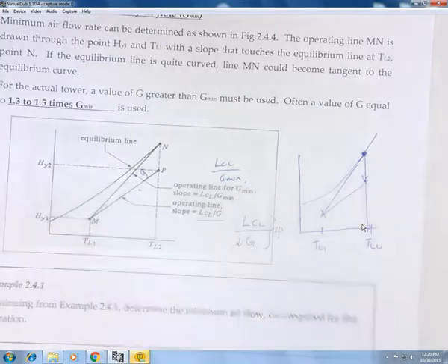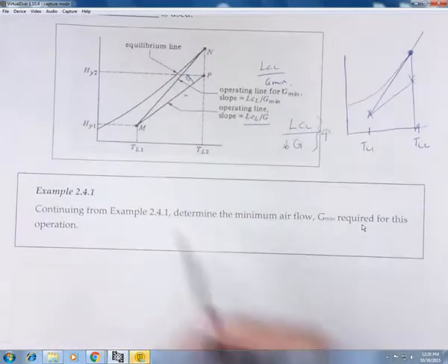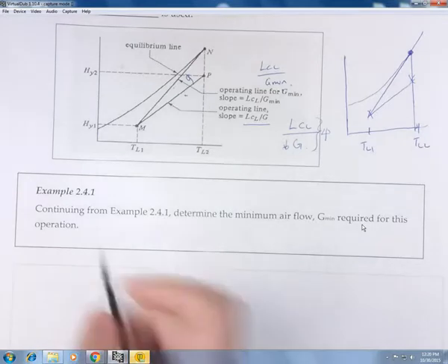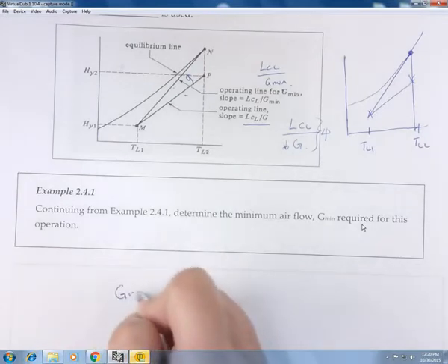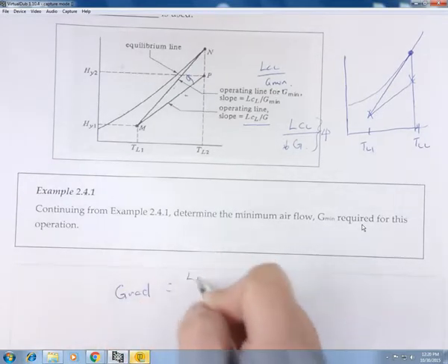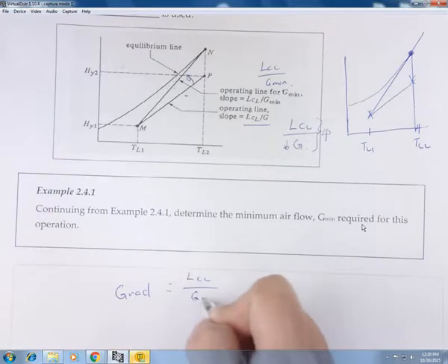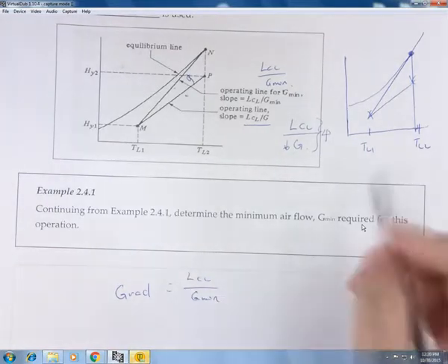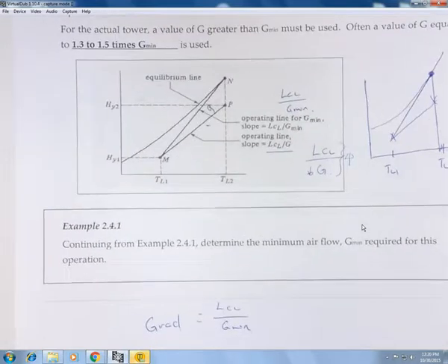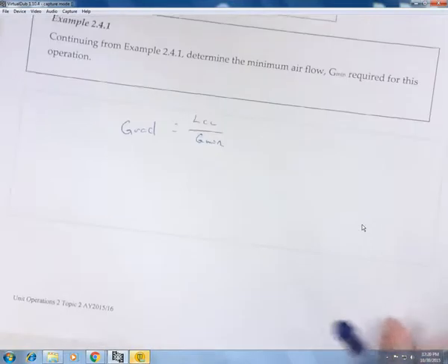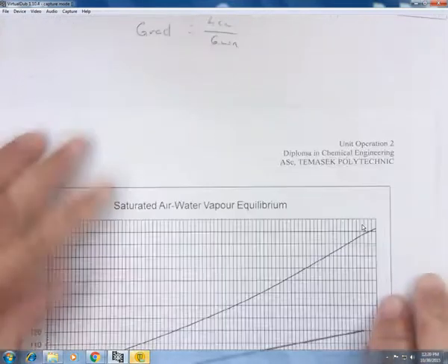So essentially, considering the previous case, the gradient is L Cl over G minimum. How do you find the gradient? Literally from your graph. So let's look at my next page. Have I given you the graph? Yep. This was what was plotted previously.